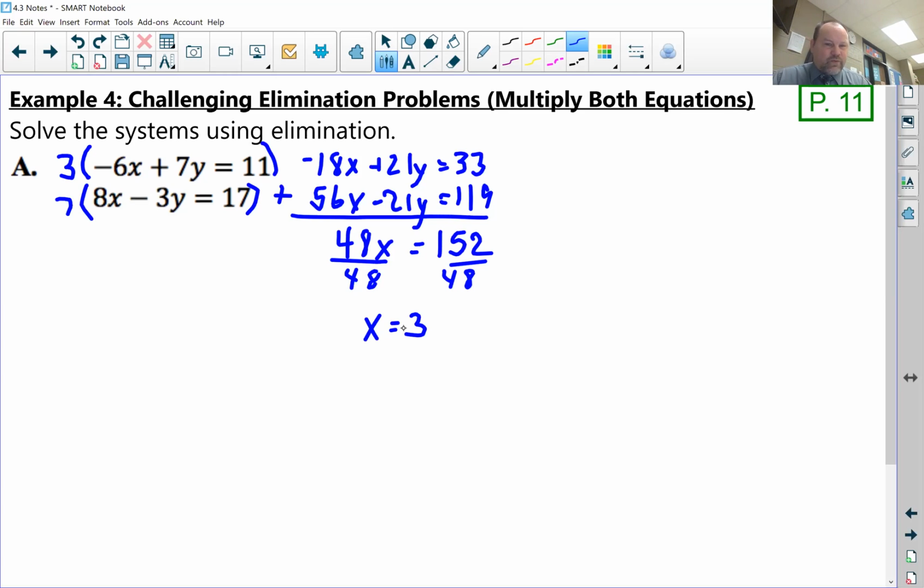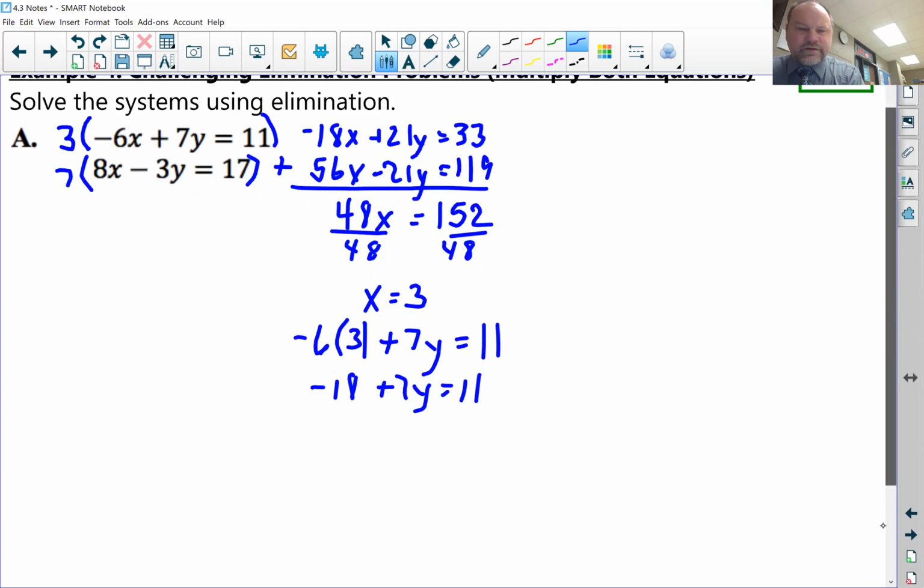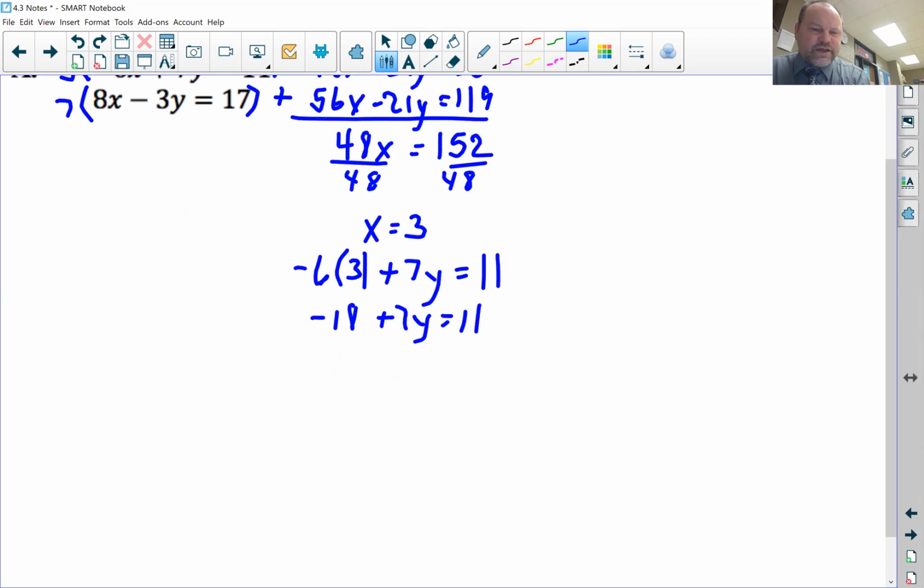I'm going to try to find my y value now. I'm going to plug into my top equation. Again, you could plug into the bottom just as well. Negative 6 times 3 plus 7y equals 11. Negative 6 times 3 is negative 18. Add 18 to both sides.